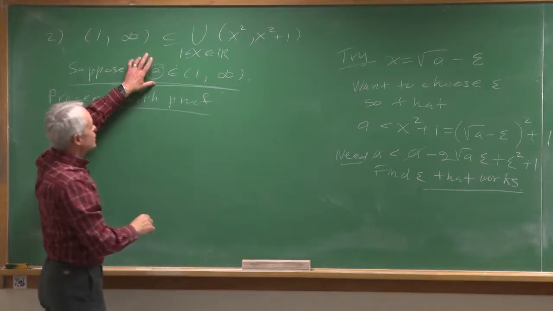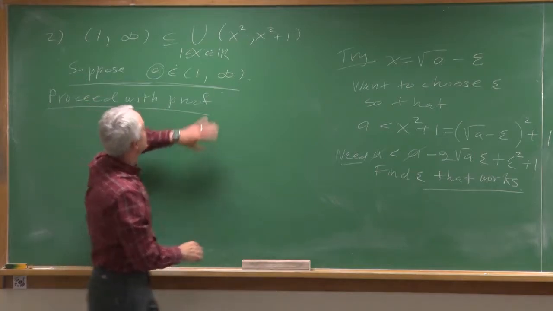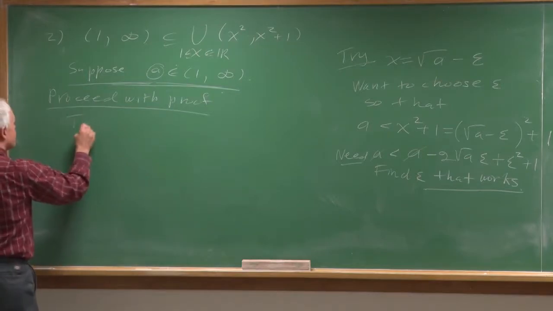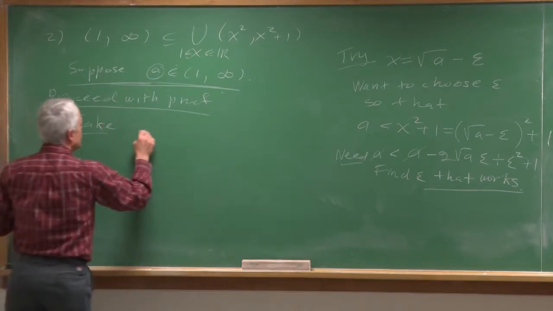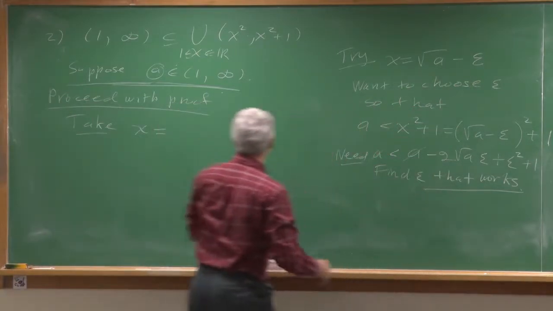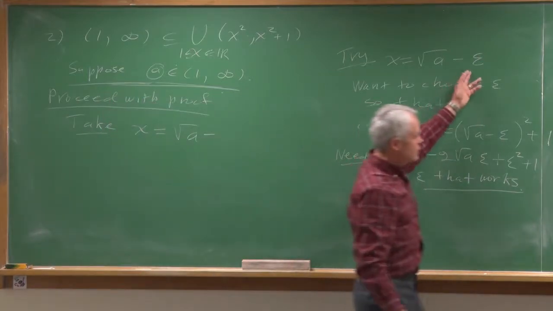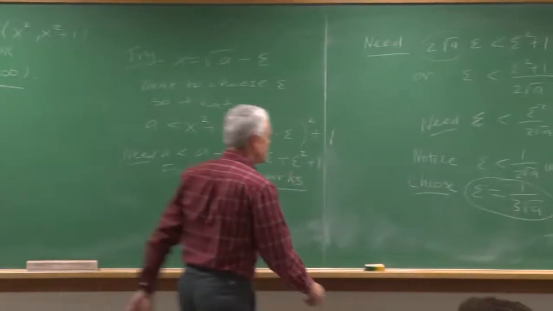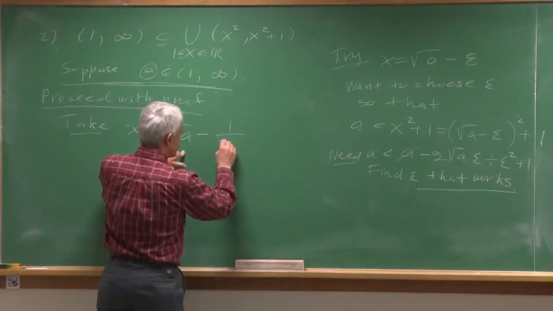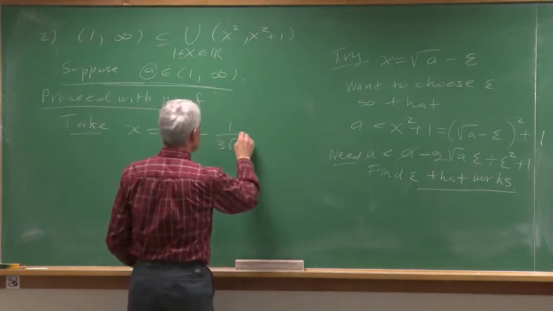I guess that's as far as I got with the proof. So assume that a is in this interval, right? And now I'm trying to show that a is in one of these. So I'm going to say take x equal to this, and I figured out what I was going to use for epsilon. Okay. Good. I think that'll do it.